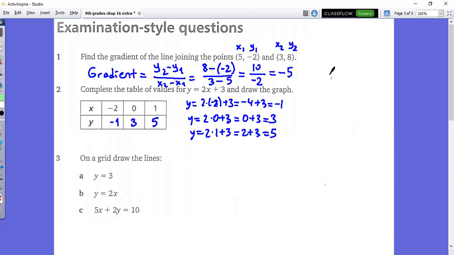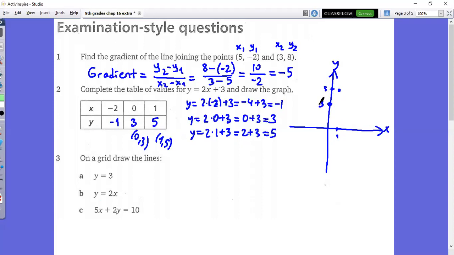Let's find them on the coordinate plane. Let me use this. The point (0, 3): x coordinate 0, y coordinate 3. The other one is (1, 5): x coordinate 1, y coordinate 5. Here it is. (0, 3) is on the y axis, because the x coordinate is 0.